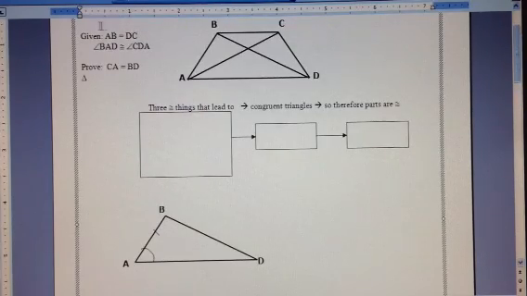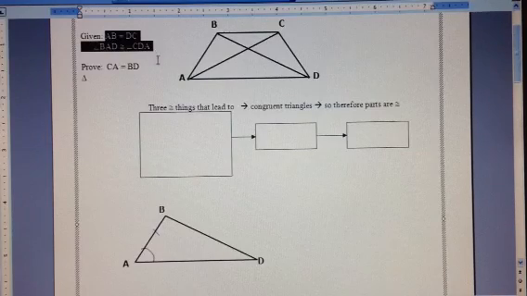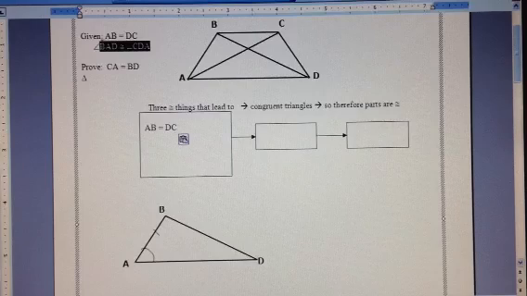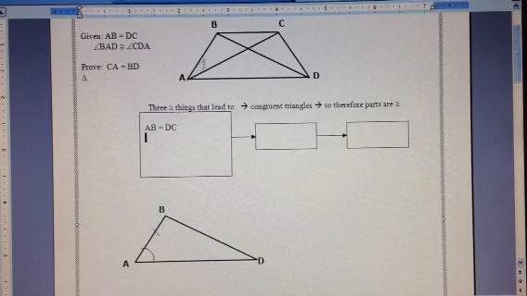So the first thing to do then would be write down what we're given here. Well, let's do it this way. We're given AB is the same length as CD. So I'll copy that over here and paste it in. And we're told that angle BAD is congruent to angle CDA.